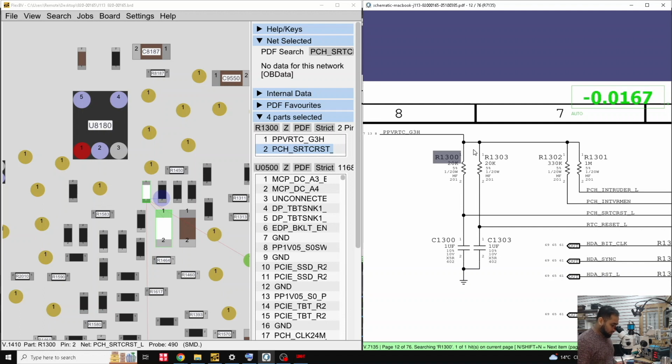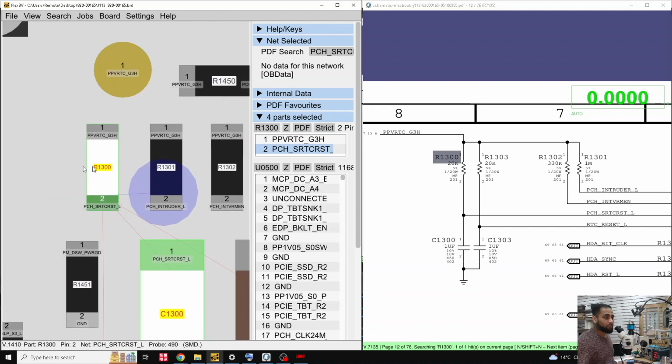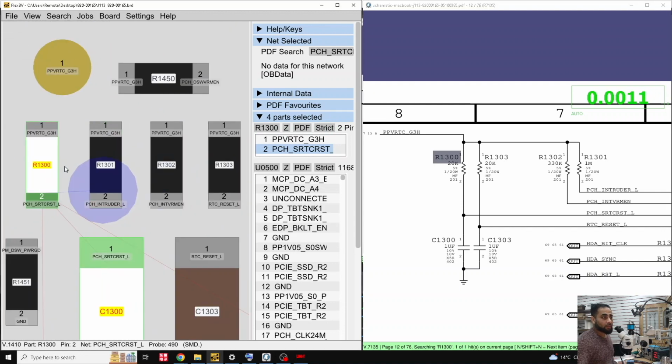So let's check this area. The first resistor is R1300. This is the first one I looked at, and this is where I found one problem, but we need to check R1301, 302, and 303 also. Let's check these.